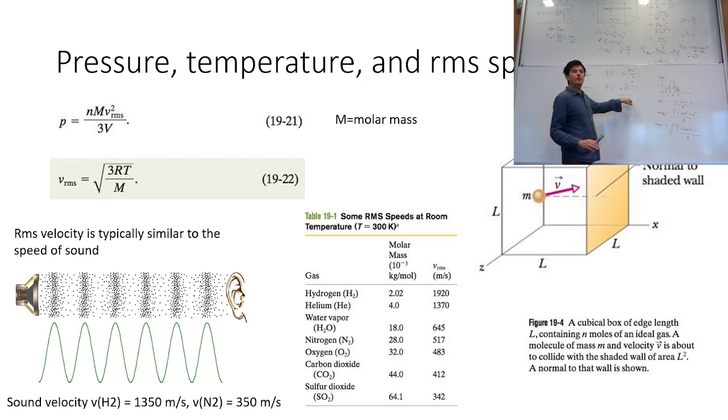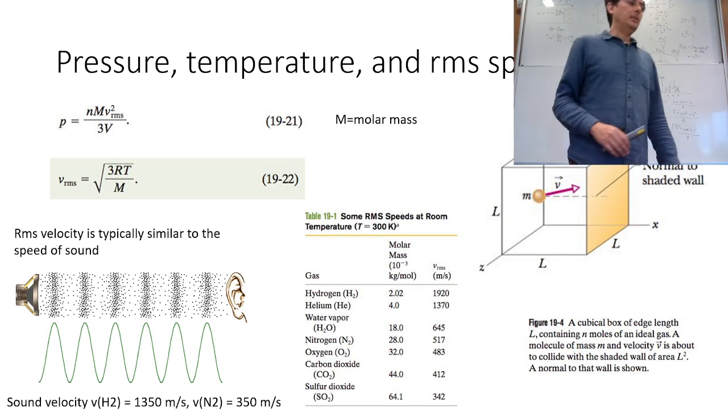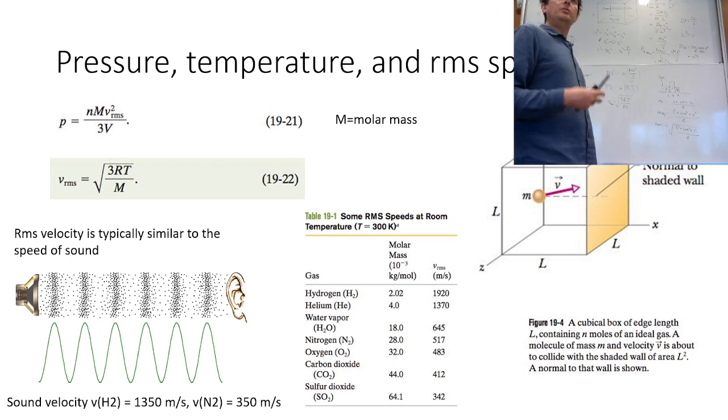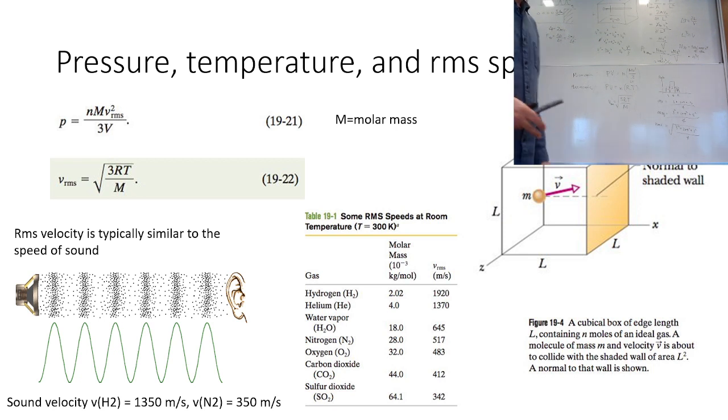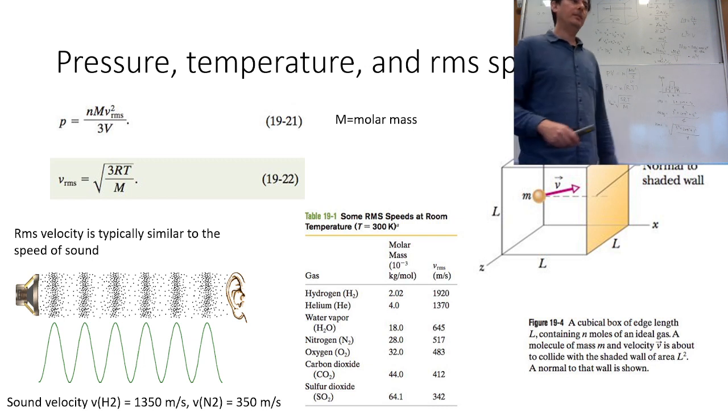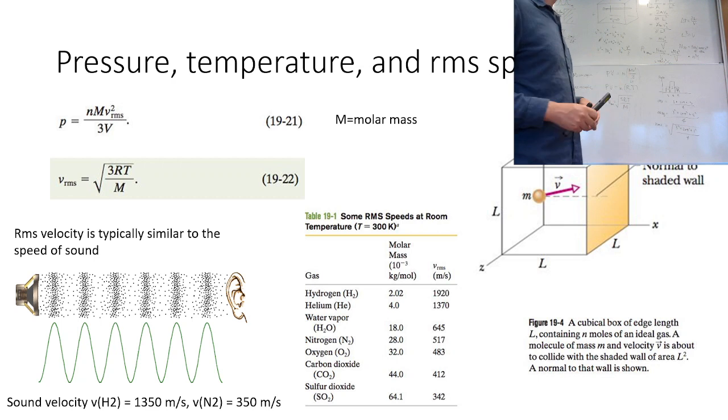But this thing is only dependent upon the temperature. So what that tells you is that when you heat up a gas or cool it down, you're just changing the velocities, actually velocity squares, of the atoms. You're just speeding them up or slowing them down.